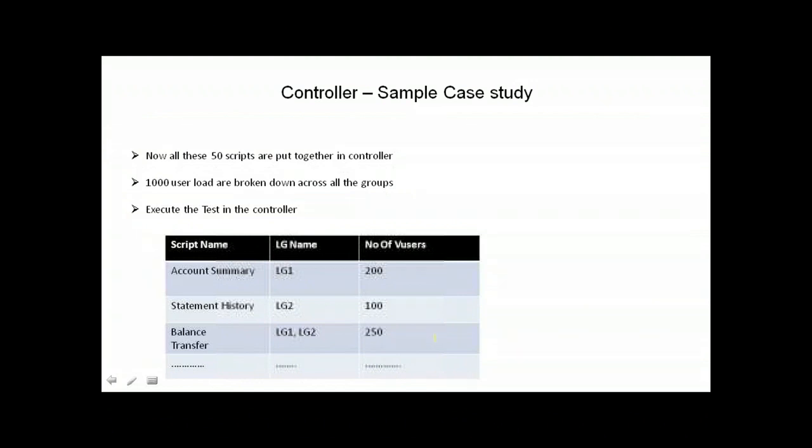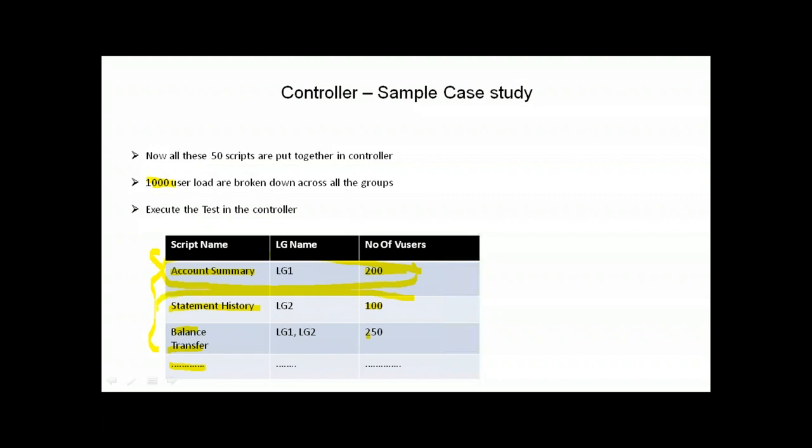Yes. Okay. Now the next step is we upload each of these 50 scripts one by one into the controller. Even though I have put only 3 over here, you upload all the 50 scripts into the controller. Now you break down this 1000 users across all these groups. By the way, each one we call a group.